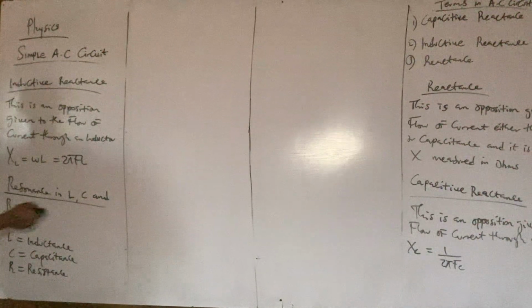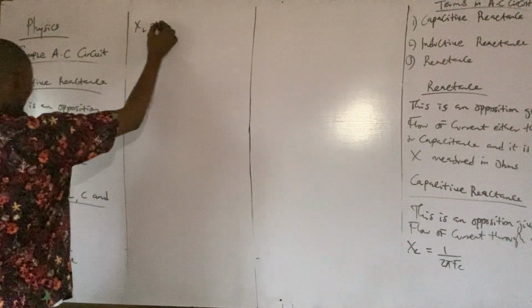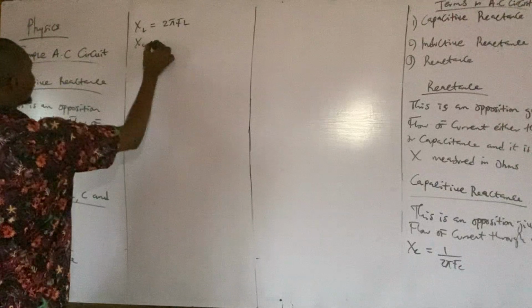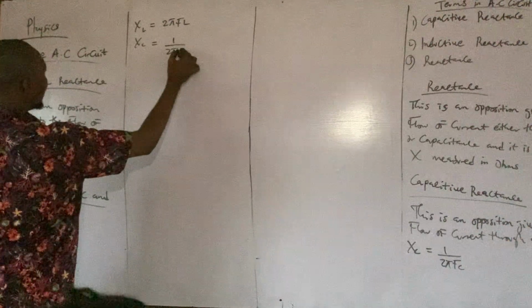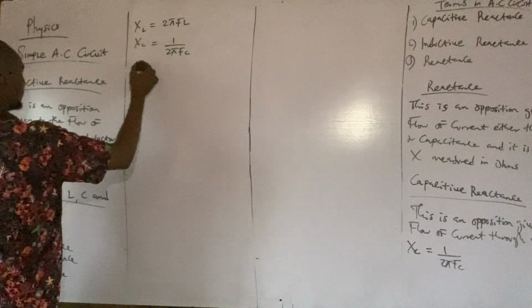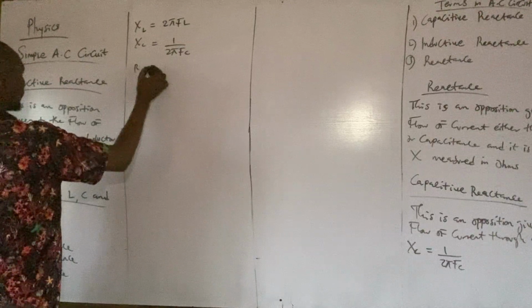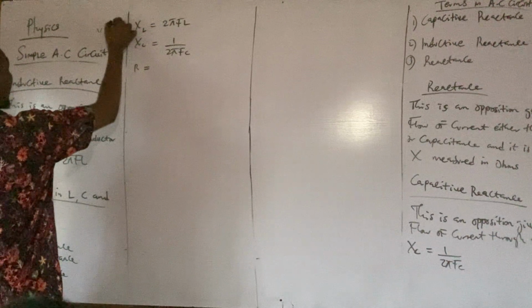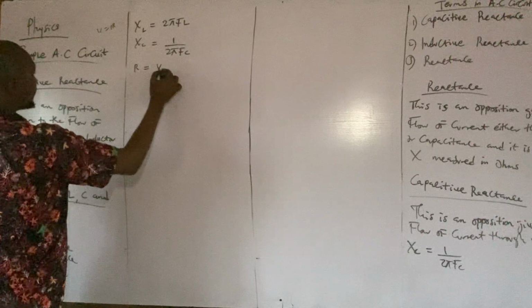Already we know that XL equals 2 pi FL, and XC equals 1 over 2 pi FC. Resistance: V equals IR, so resistance equals V over I.